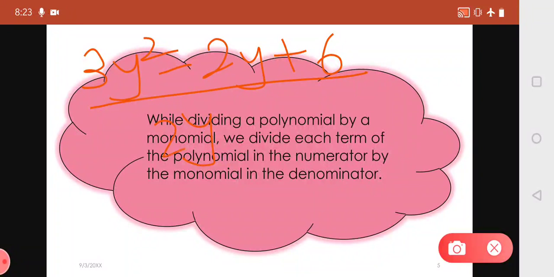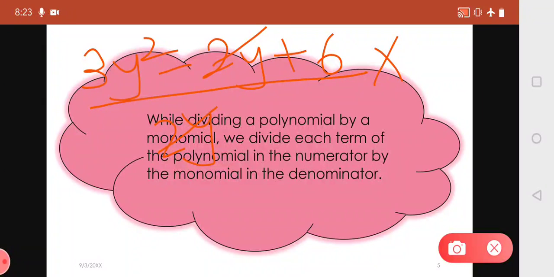Suppose 2y only. Yes. So generally students cancel this 2y in the numerator and denominator as common. But this is wrong. You cannot cut the term of the given polynomial with the monomial in the denominator directly.